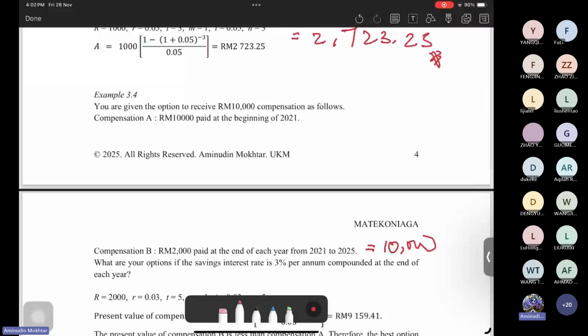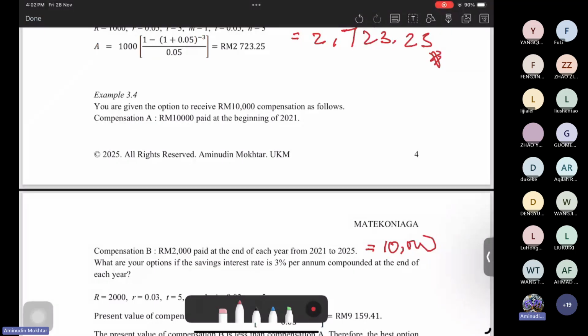But the first one, they give you 10,000 ringgit at one time. But plan B, compensation B, you are going to receive 10,000 ringgit, but now the amount of 10,000 ringgit is paid to you in 5 years, at the end of 21, 22, 23, 24, and 25.